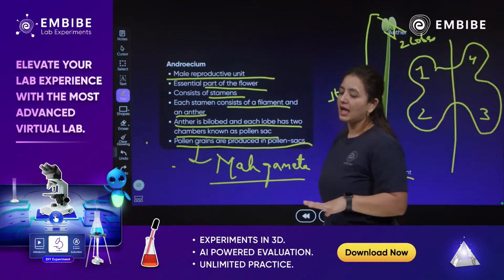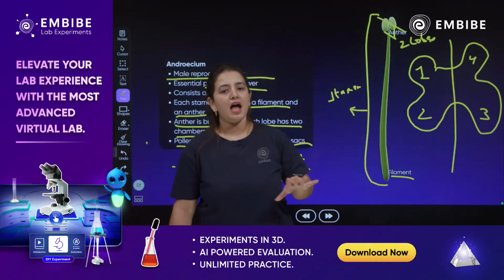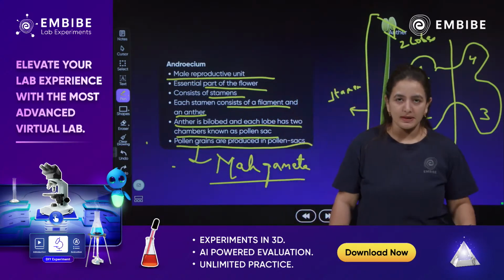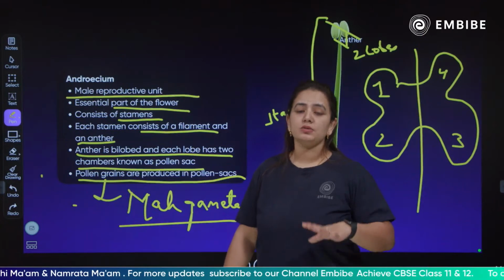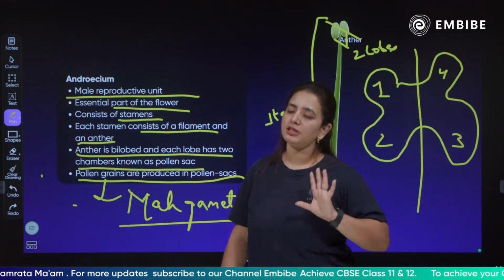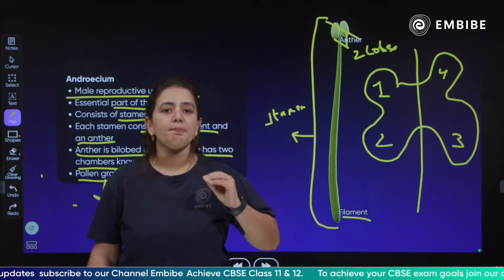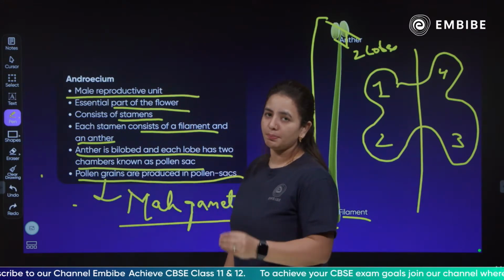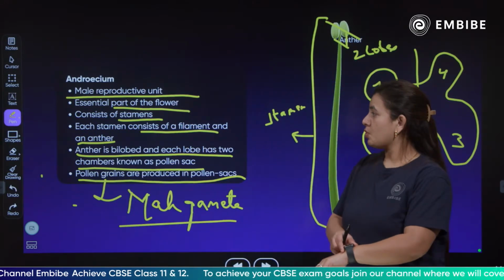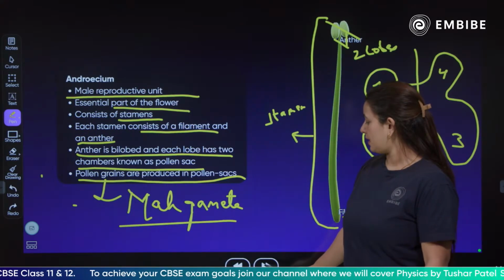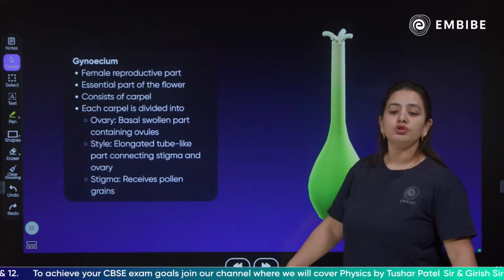These pollen sacs have the pollen grains, which is the male gamete. So yes, this is one of the absolutely important reproductive units of the flowering plants. Moving forward to another absolutely important part of the flowering plant, the gynoecium.